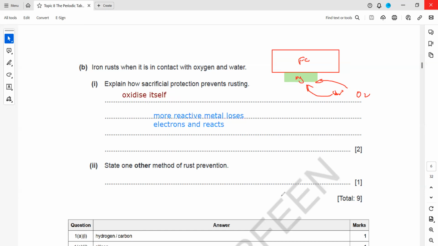So 2 marks are there. You're not supposed to write the detail. The more reactive metal protects the iron, and you have to mention it in terms of electrons as well. Like, the more reactive metal loses electrons first, or oxidizes, and electrons transfer from magnesium, or the more reactive metal, to iron, so it is preventing iron from oxidation.